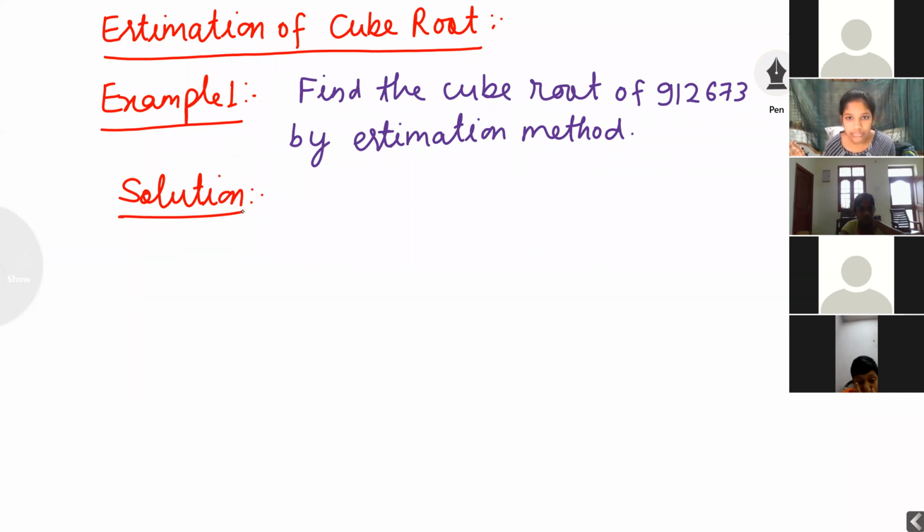Firstly, the digits he has given: 912673. If I want to find the cube root, firstly I want to make pairs of 3 digits from the right side.